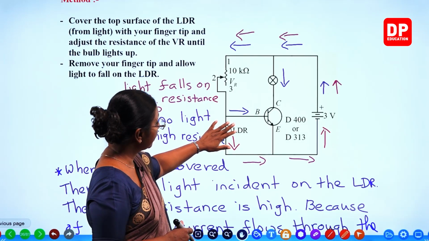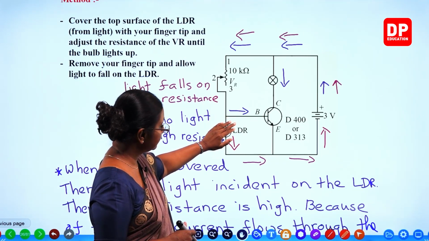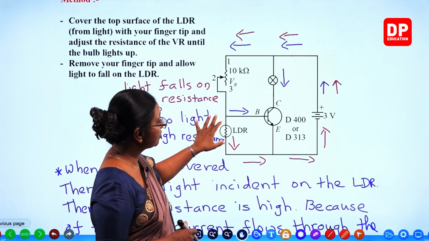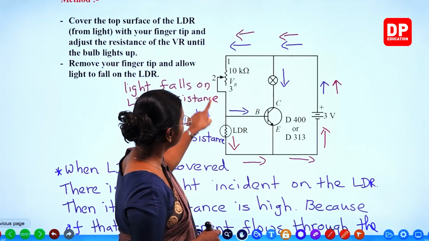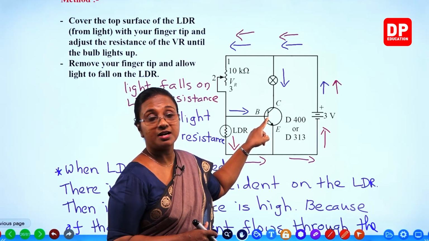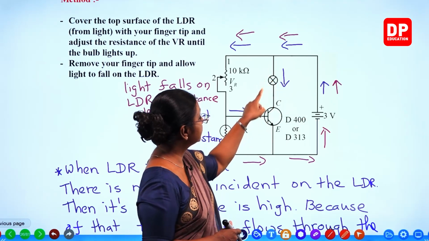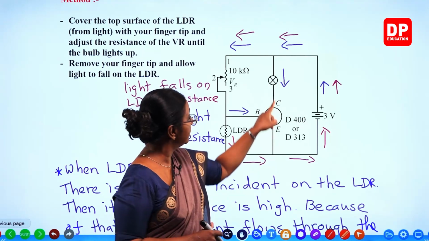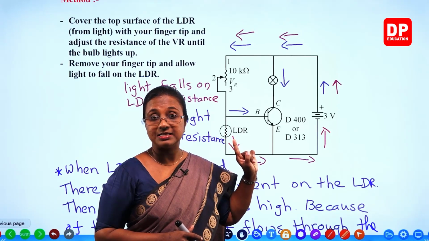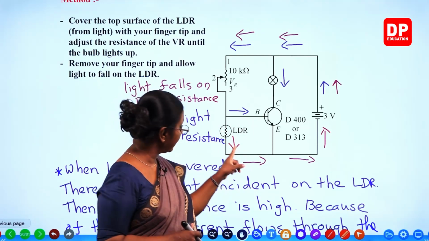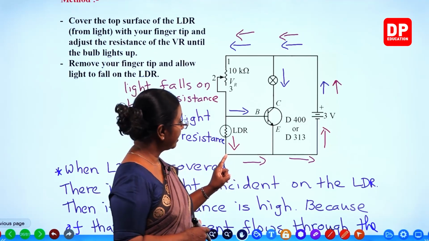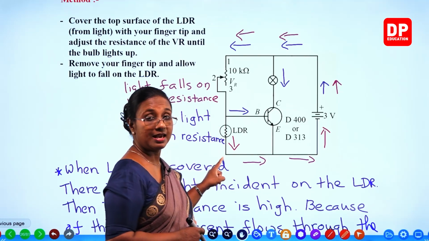Now this is the explanation I gave you all. When there is no light on the LDR, the resistance is high. So because of that, the current, the blue color arrow you can remember, flows through the base of the transistor. Because of that, there is a current flowing through the collector and the bulb will light. But when there is light falling on the LDR, that is the pink color arrow, the resistance is less.